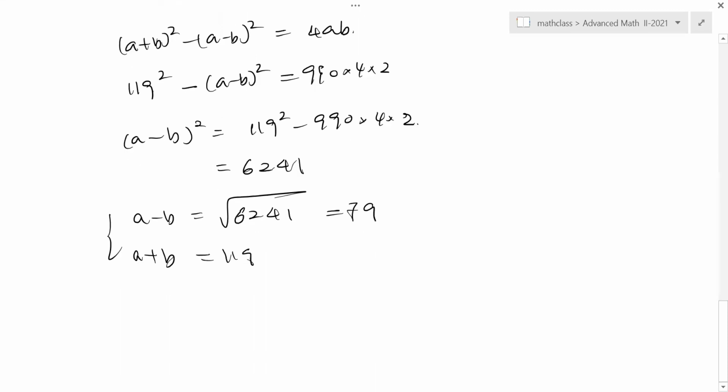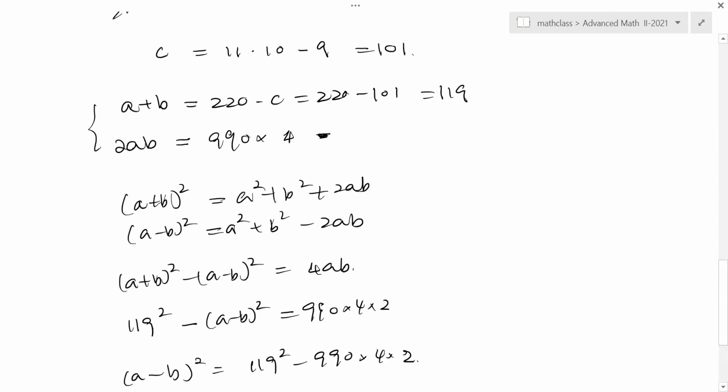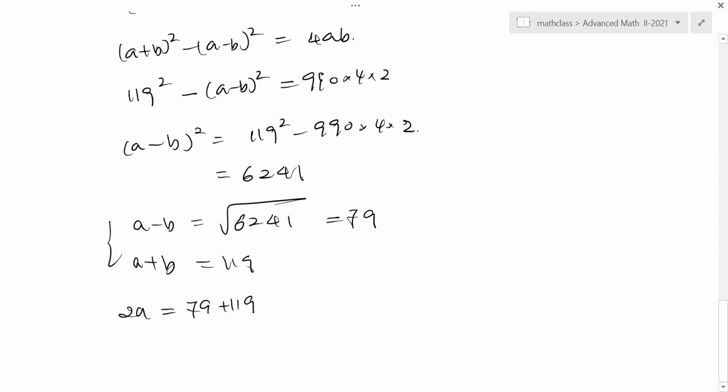So then from here, you can find A and B, add them together. 2A equals 79 plus 119, right? So 79 plus 119 is 198. Then A is going to be 198 divided by 2, it's going to be 99.